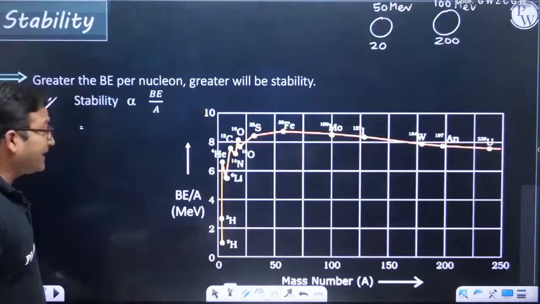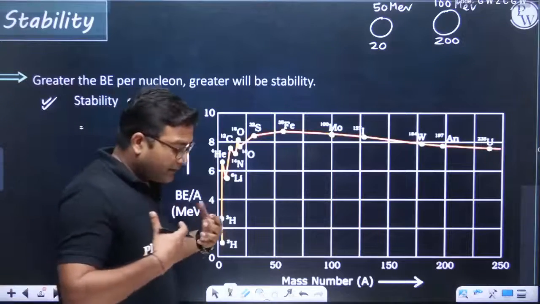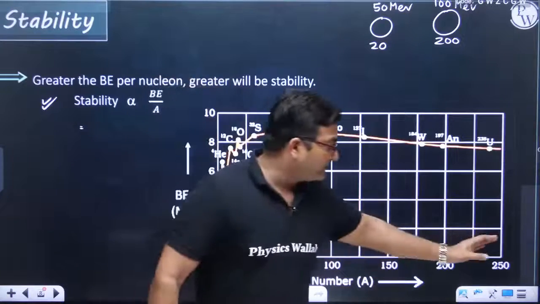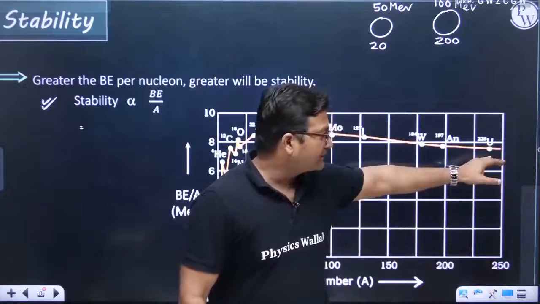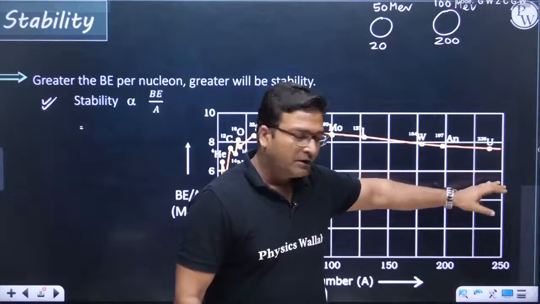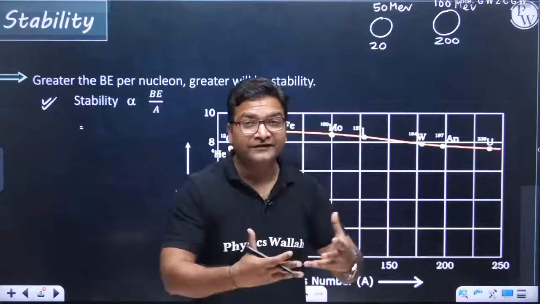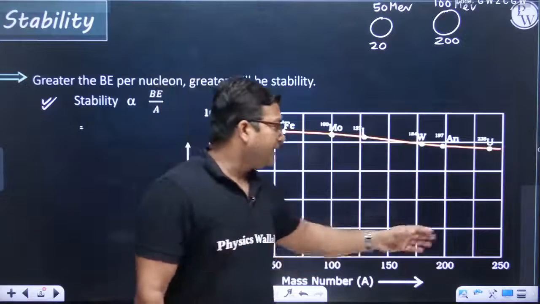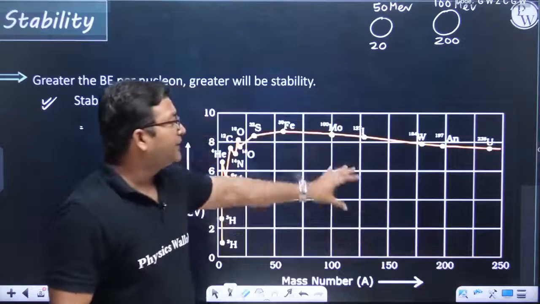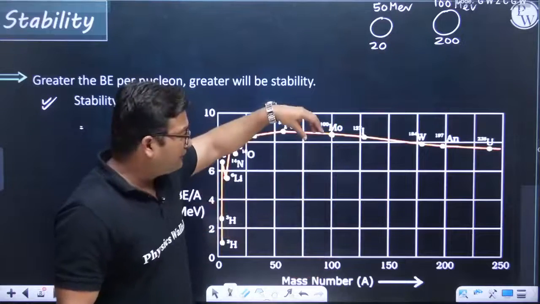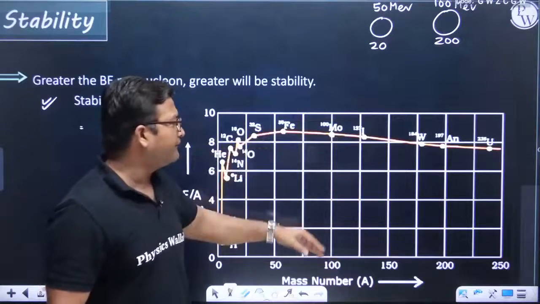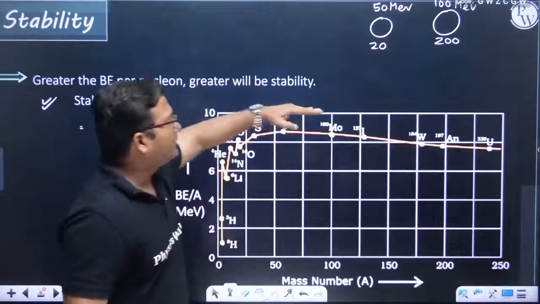But nature has another way of getting stability for big nuclei. Suppose we have a big nucleus here, it has lesser binding energy per nucleon, but when it splits into two or more mid-sized nuclei, then obviously those mid-sized nuclei would be somewhere here, in this region of the graph, and binding energy per nucleon increases.